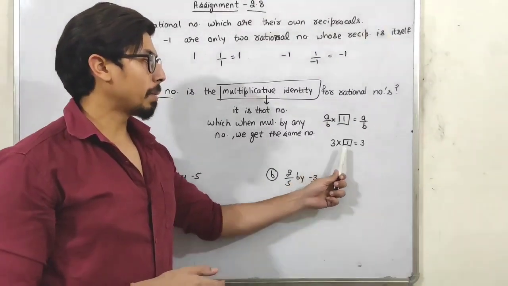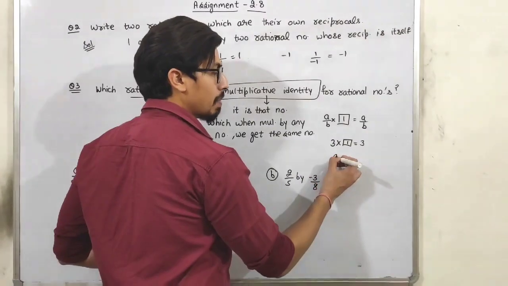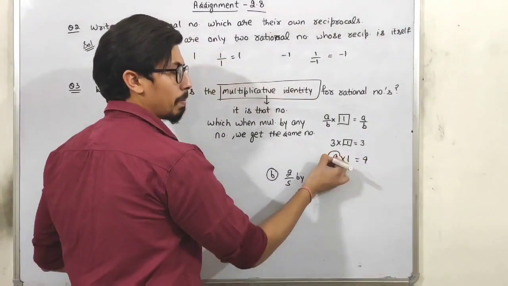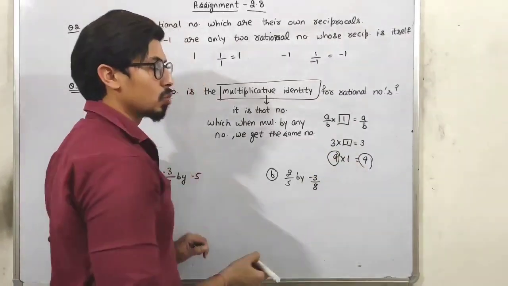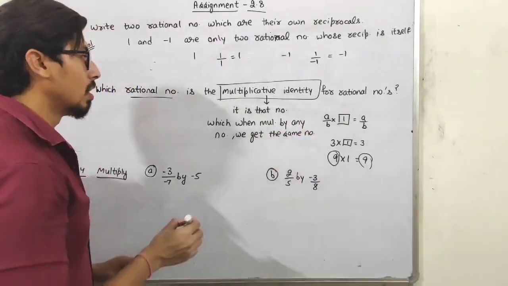See, if we multiply this 1 by 3, we get 3. If we take 9, if we multiply 1 by 9, we get 9. So the multiplicative identity is always 1.